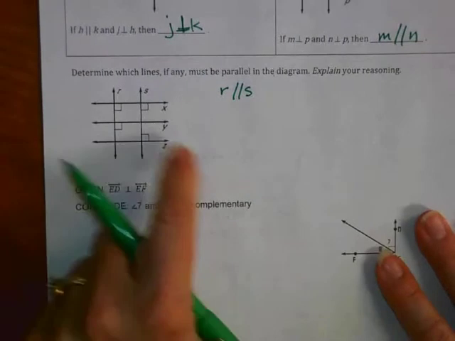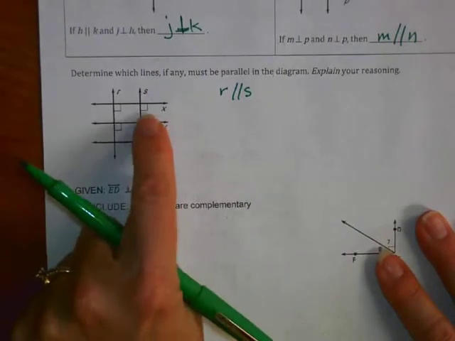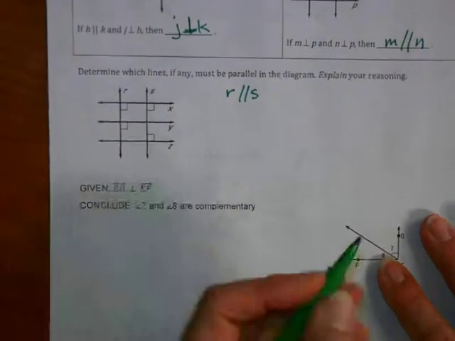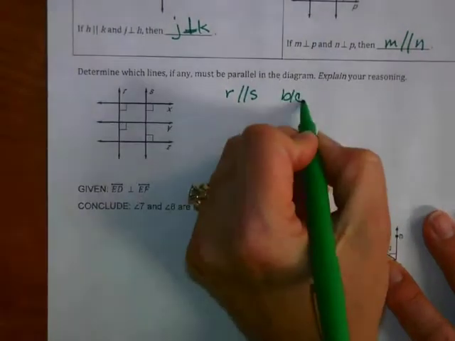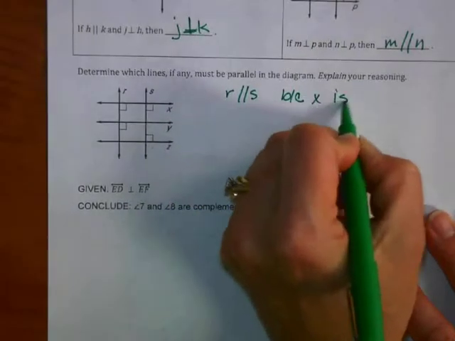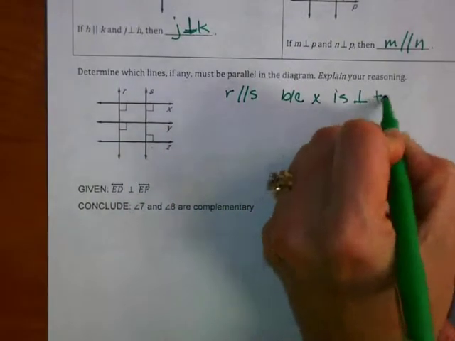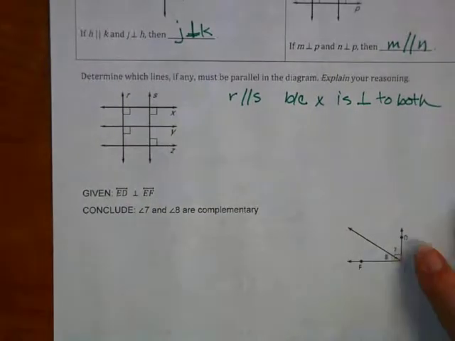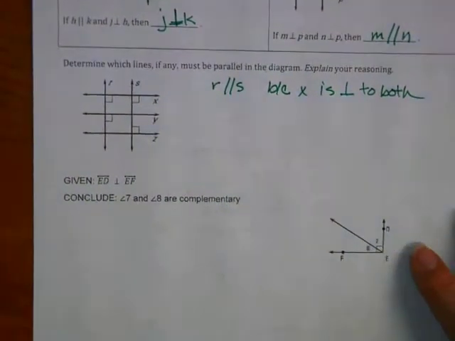Lines perpendicular to a transversal theorem. So they're both perpendicular to, let's say, X. I just put because X is perpendicular to both, and that's enough if you don't remember the name of it.